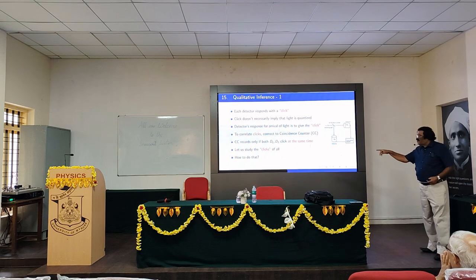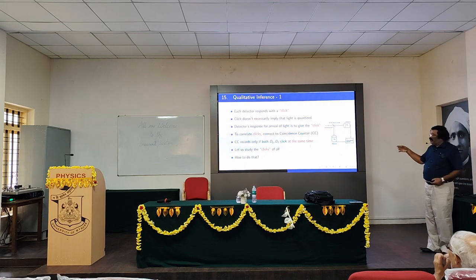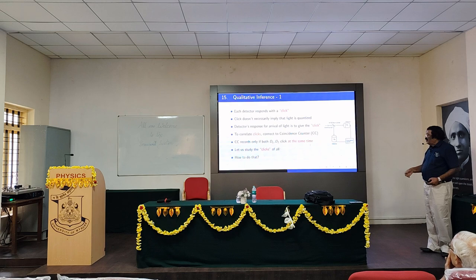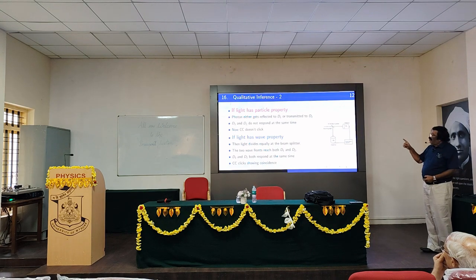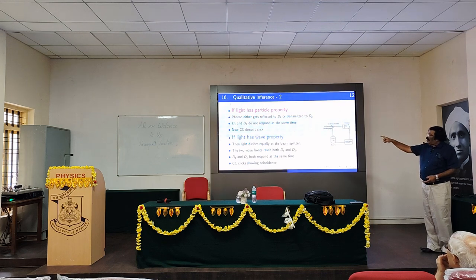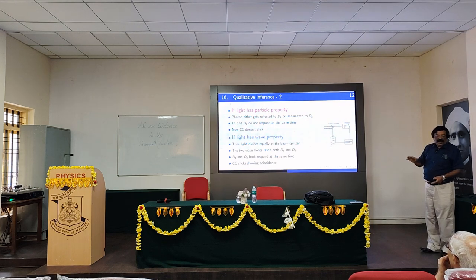So let us study the clicks. Let us look at the nature of clicks, how to do that. If light has particle property, now the photon either gets reflected to D1 or transmitted to D2. D1 and D2 do not respond at the same time, right?